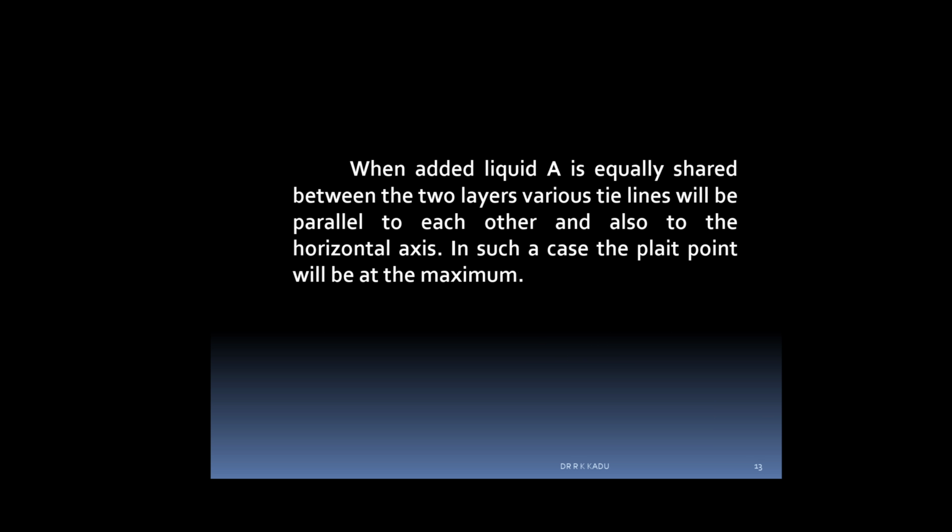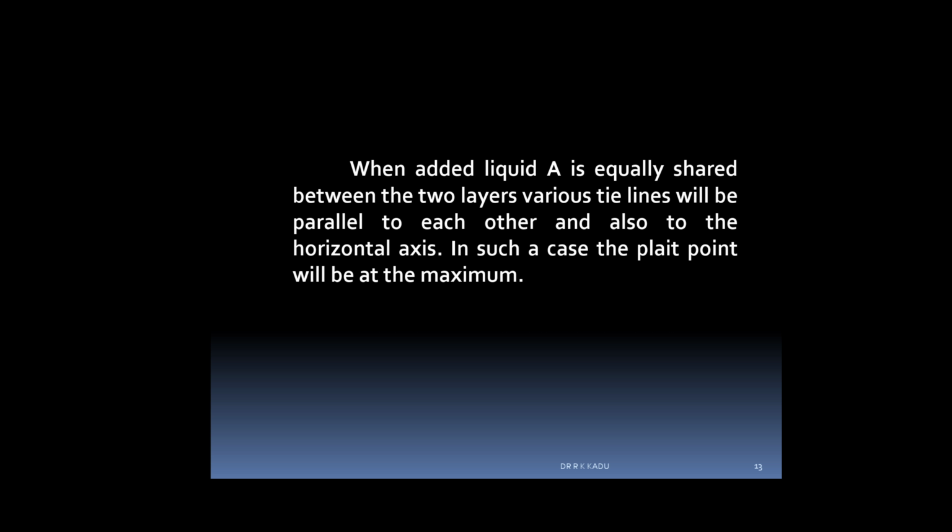Now, when added liquid A is equally shared between the two layers, various tie lines will be parallel to each other and also to the horizontal axis. In such a case, the plait point will be at the maximum.